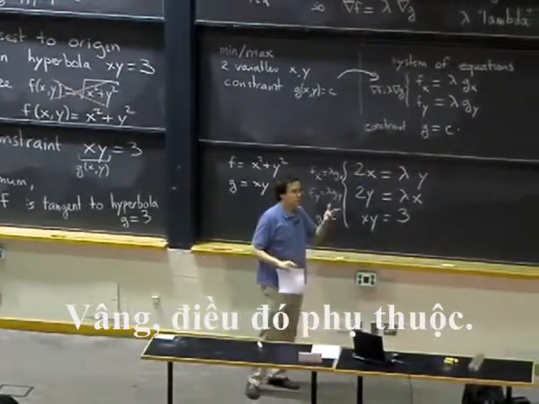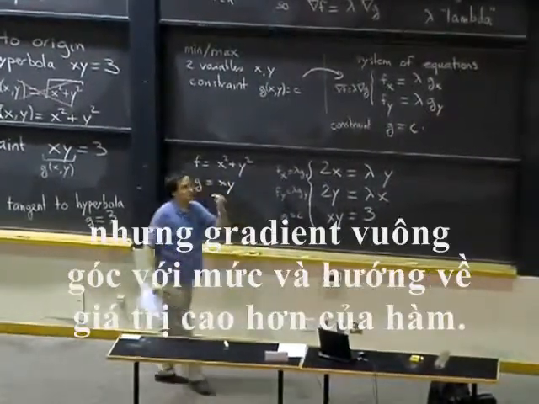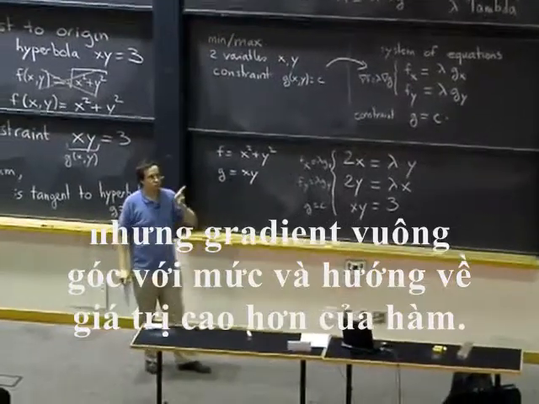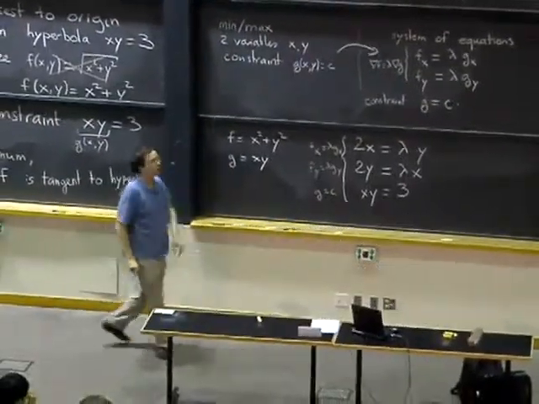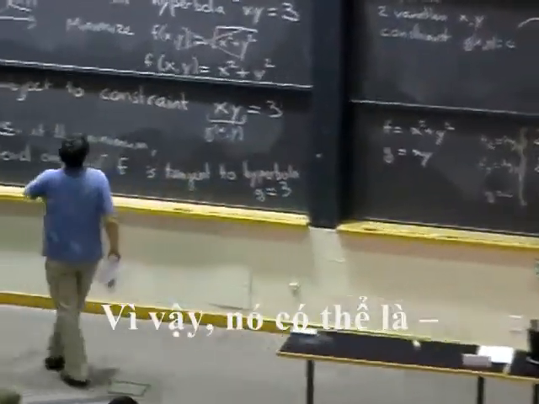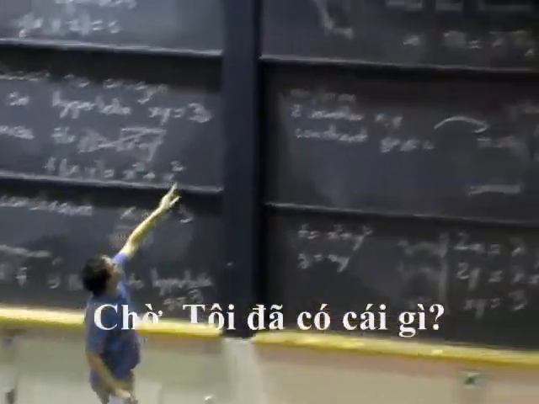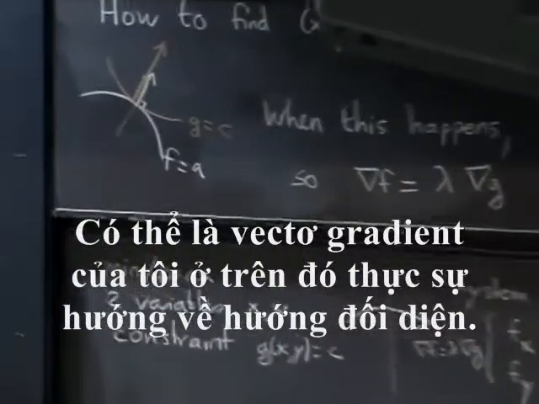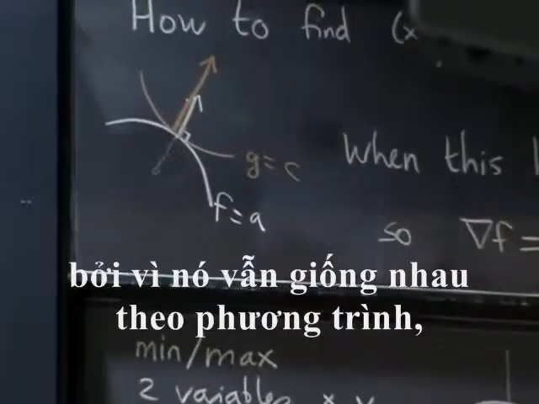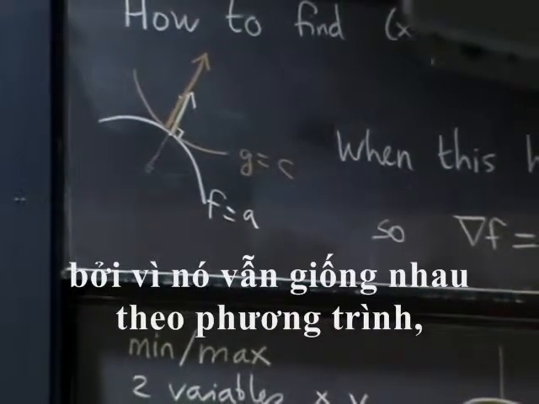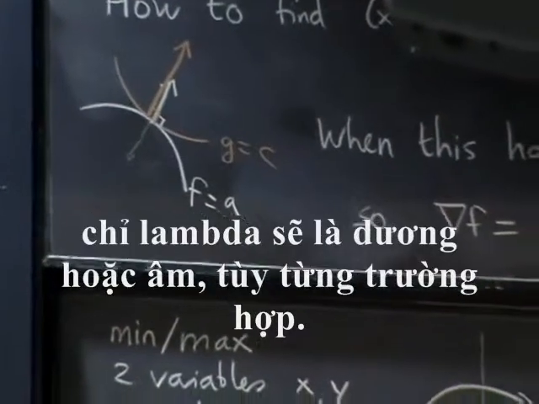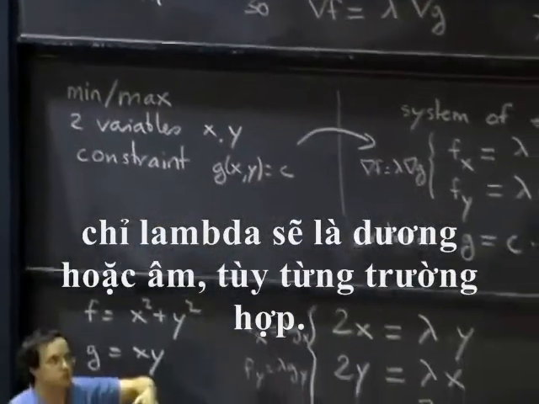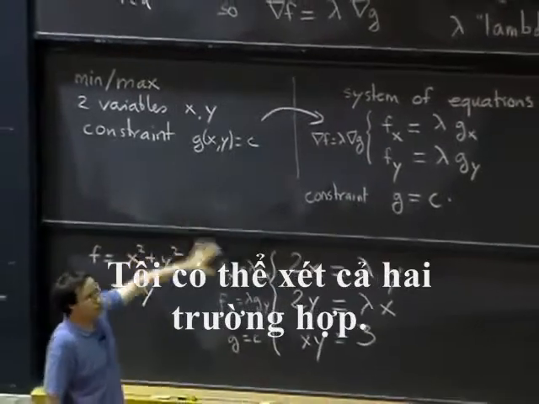Well, that depends. We've seen last time that the gradient is perpendicular to the level curve and points towards higher values of a function. So it could be that my gradient vectors up there actually point in opposite directions. It doesn't matter to me because it will still look the same in terms of the equation, just lambda will be positive or negative depending on the case. Okay, so I can handle both situations.